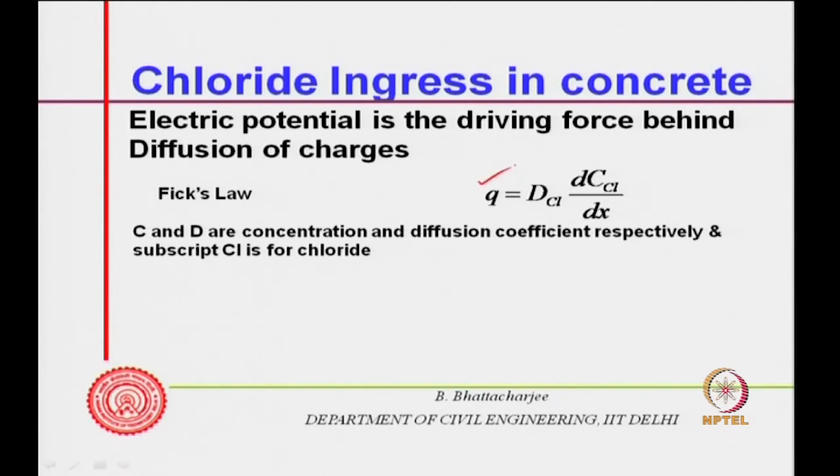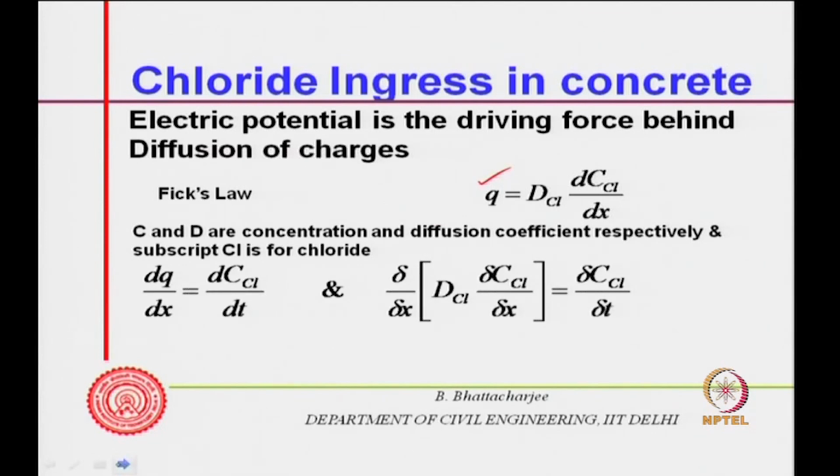This is the flux here, and if you look at the mass balance, then it can be written like this. This can be simplified if D_Cl is not a function of the chloride concentration or of space, then it can be taken out, and it will be a linear equation.